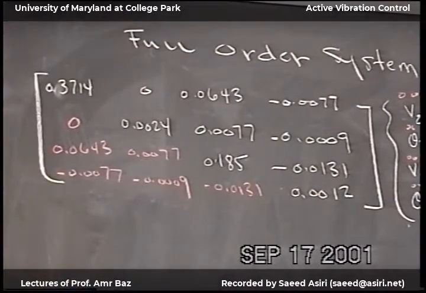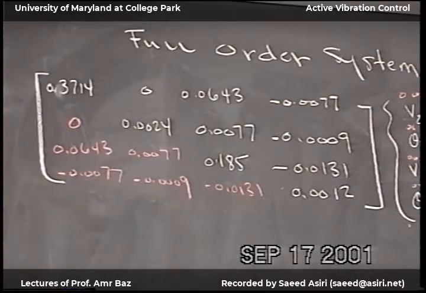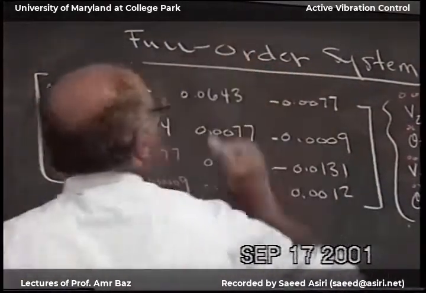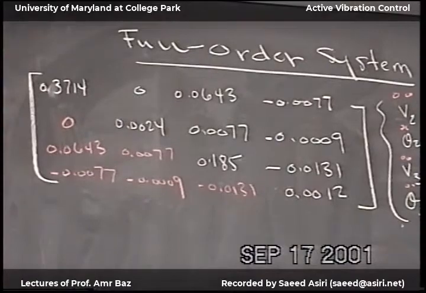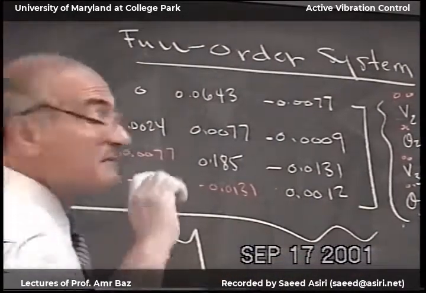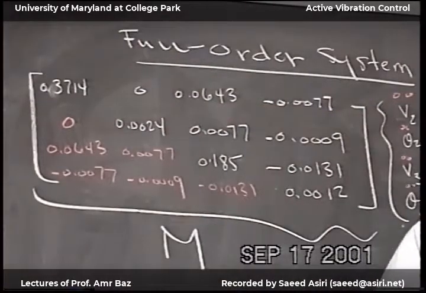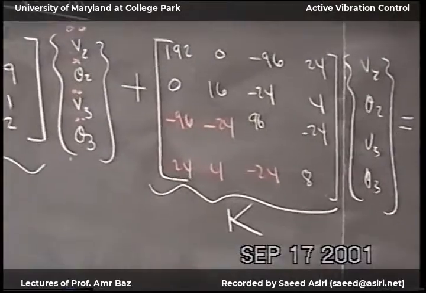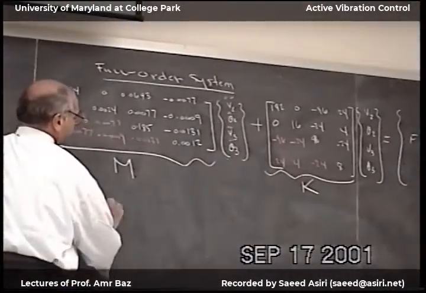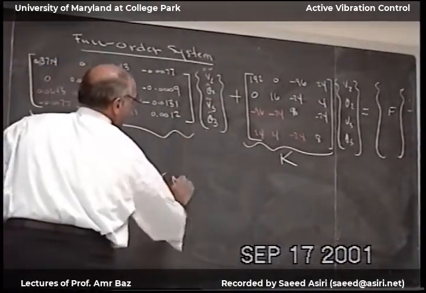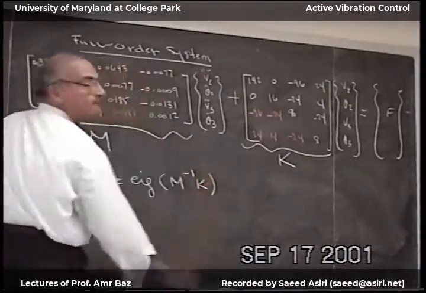So now my structure, if I model it by only 2 elements, that's what I call the full order system. That's my original system. So this has this mass matrix, and it has this stiffness matrix. For this system now, I take it to MATLAB and get the eigenvalues and the eigenvectors.